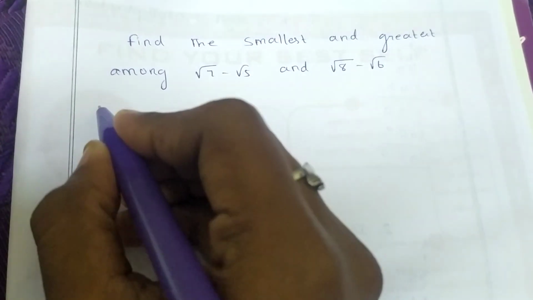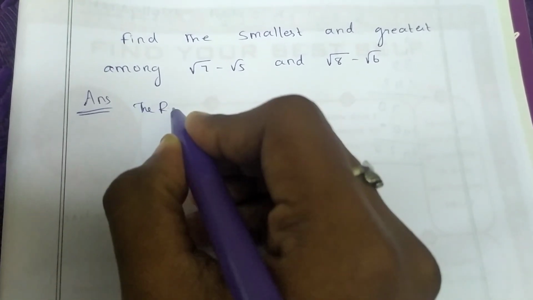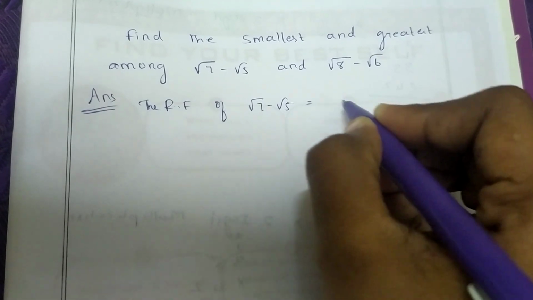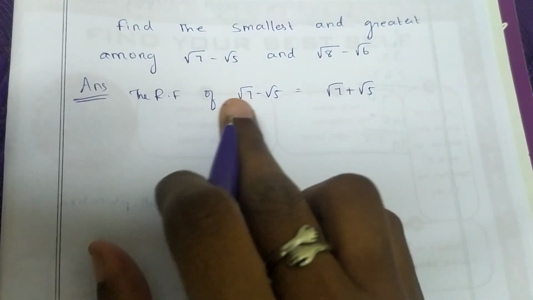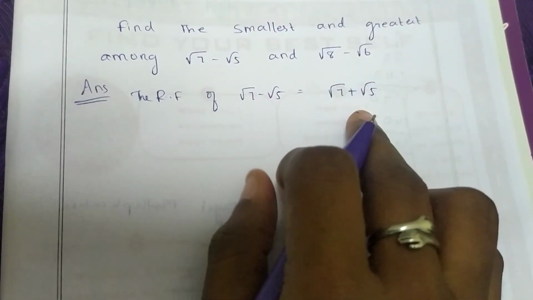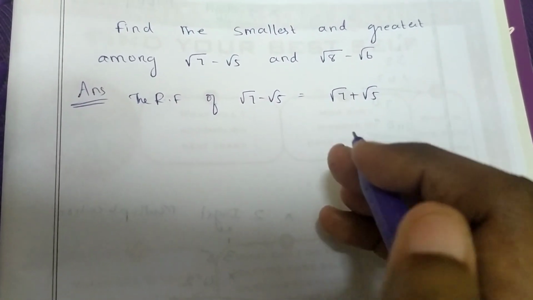The first thing is, the rationalizing factor of root 7 minus root 5 is root 7 plus root 5. What you have to do is multiply the rationalizing factor in the numerator as well as the denominator.